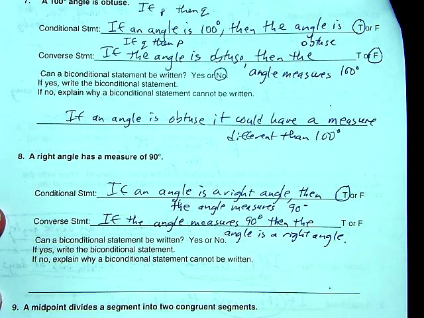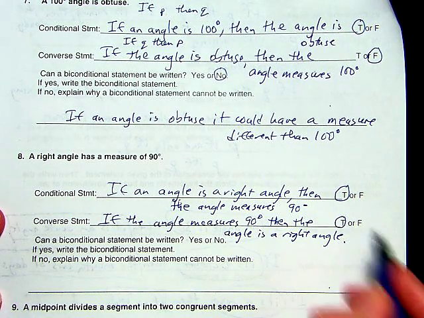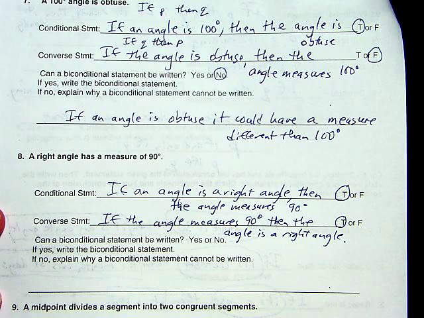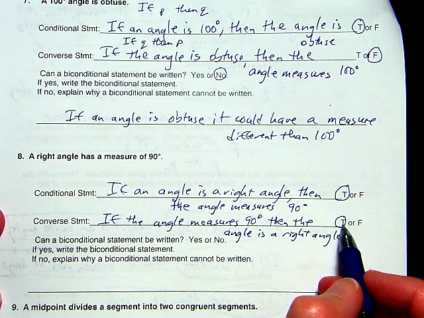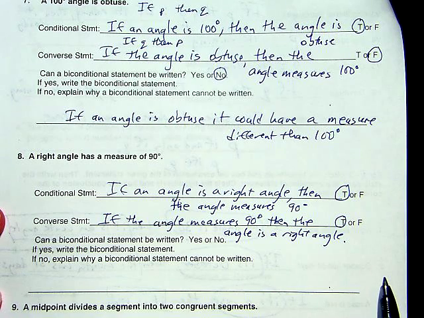So is that true? If the angle measures 90 degrees, then the angle is a right angle. That's true, right? So both the original and the converse statement are both true.